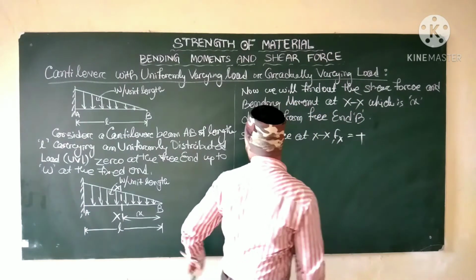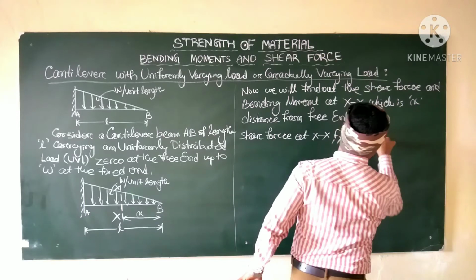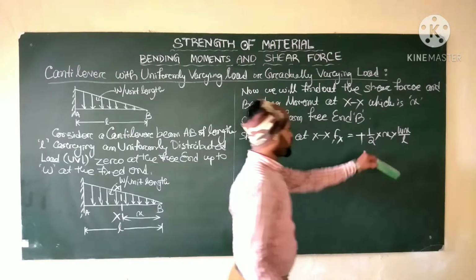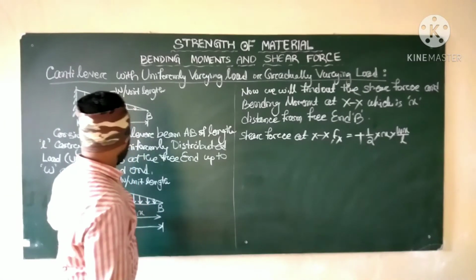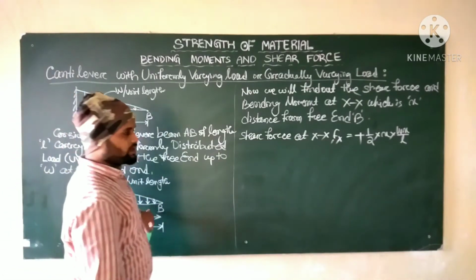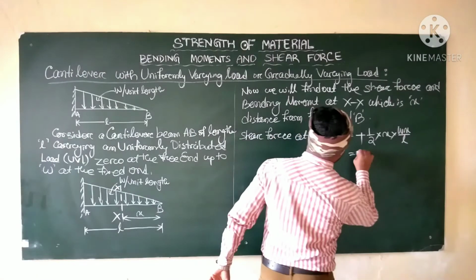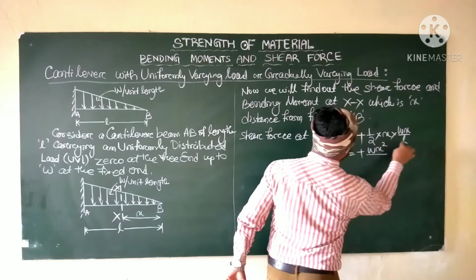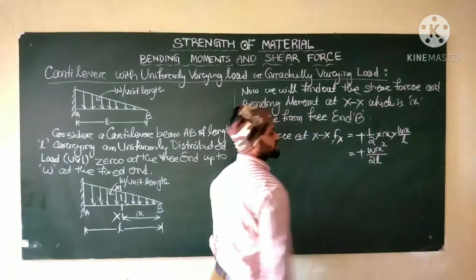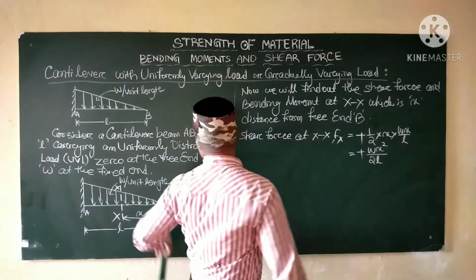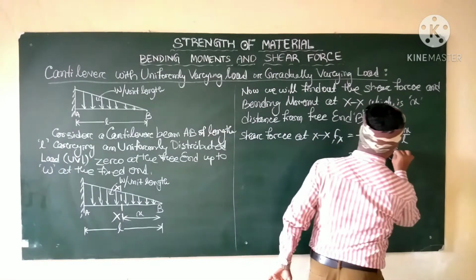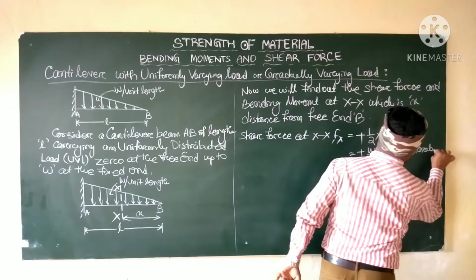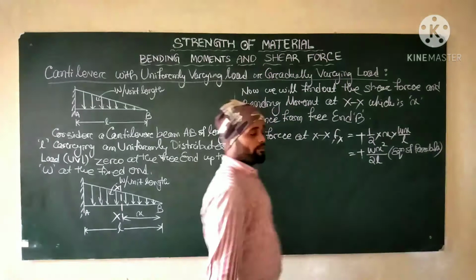So plus, the formula is half into x into wx by l. This is the formula for shear force at a section XX for a cantilever beam with a UVL, equal to plus wx into x, that is x square, by 2 into l, that is 2l: Fx = plus wx square by 2l. This is the equation of a parabola.